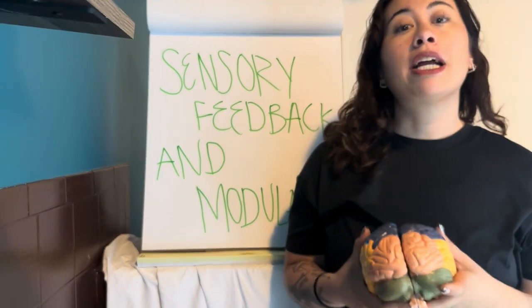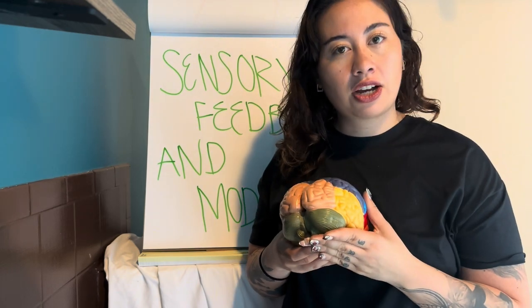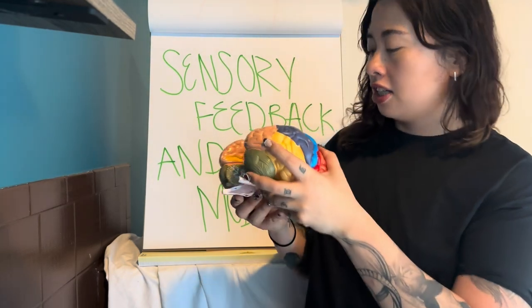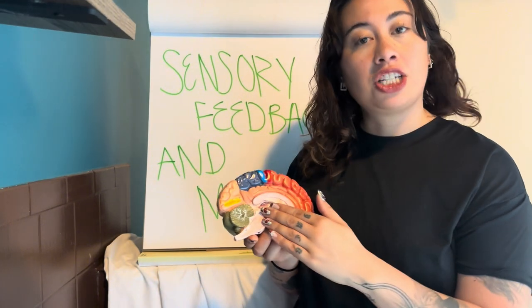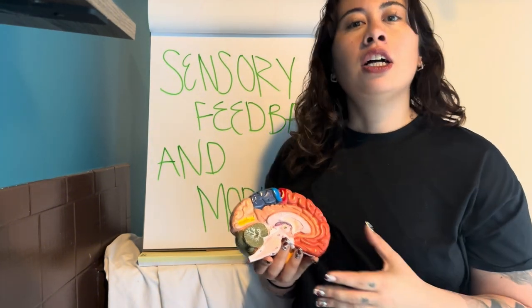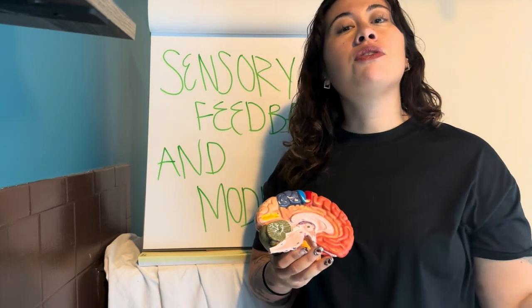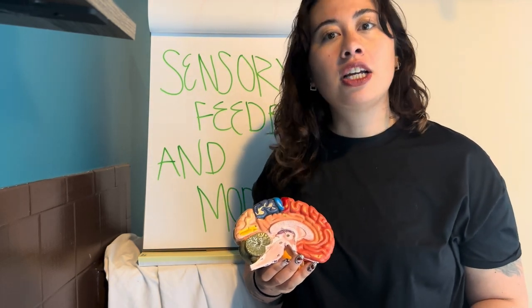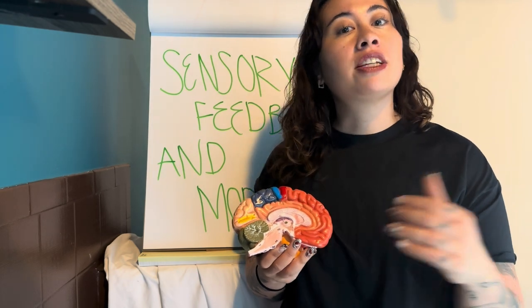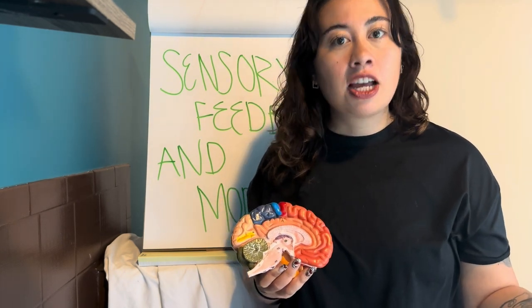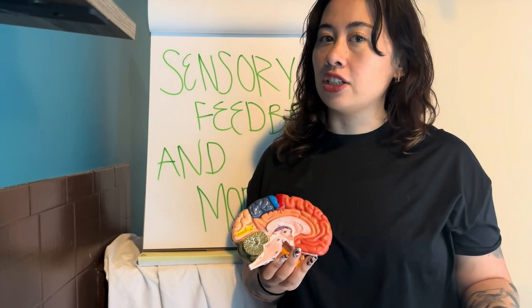A reminder how in section 1, we discussed how the basal ganglia, the cluster of nuclei deep in the brain here, help to regulate initiation and inhibition. In terms of sensory feedback and modulation, they help to suppress any unnecessary movements that may interfere with your intended goal.